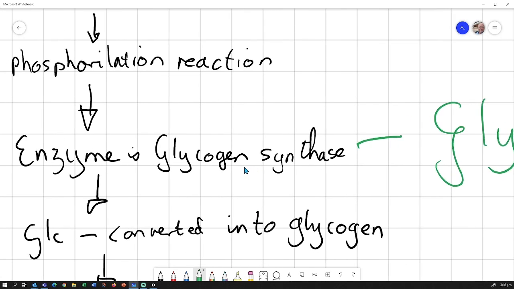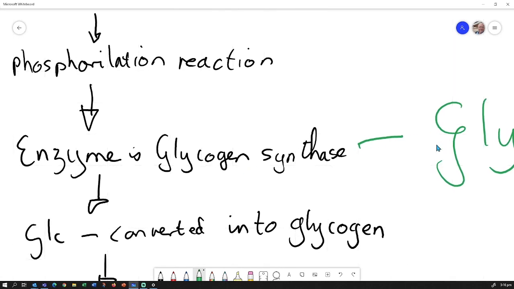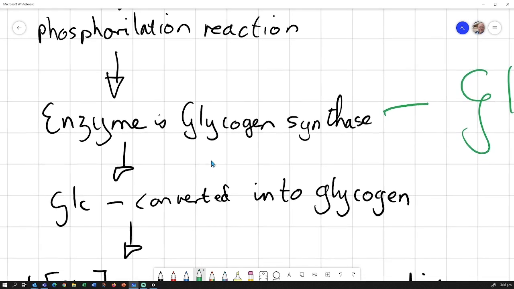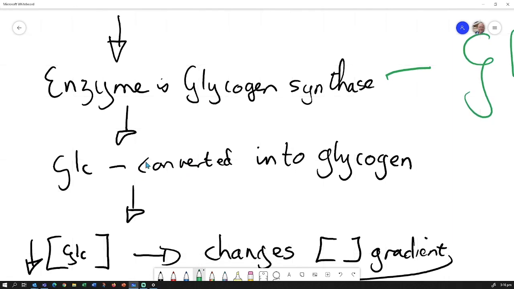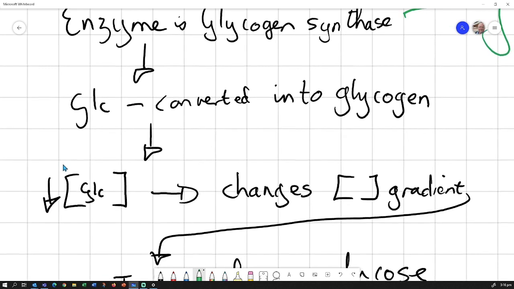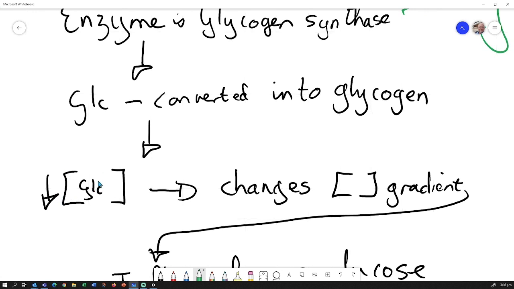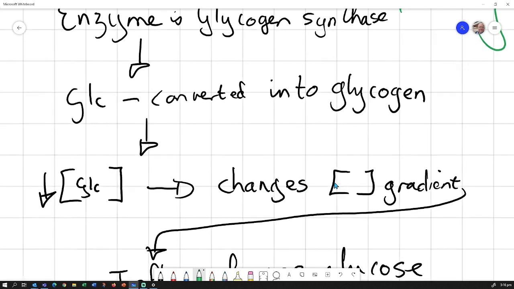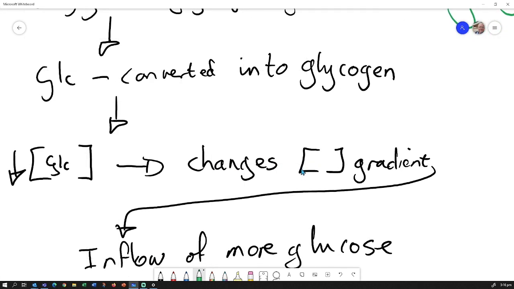Okay, so now if I'm using the glucose to build glycogen molecules, what happens to my glucose concentration in the cytoplasm of this liver cell? Yes, it drops. Your concentration drops, and because the concentration has now dropped because it's being converted into glycogen, this changes the concentration gradient, and suddenly the concentration of glucose in the blood is now again higher than the concentration of glucose in the cell.